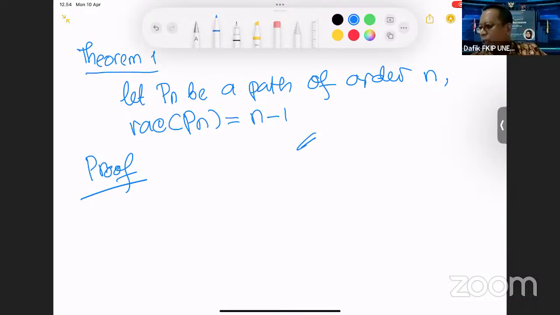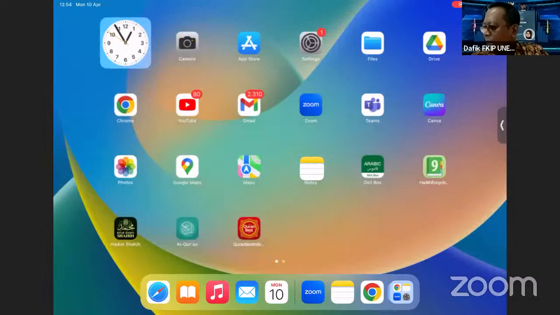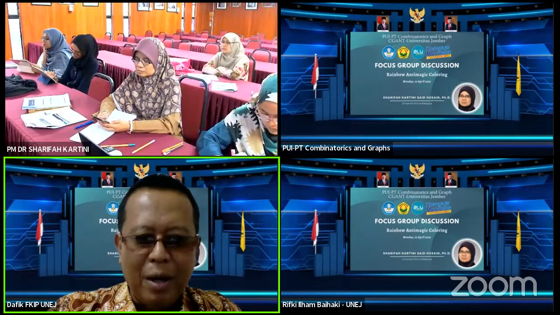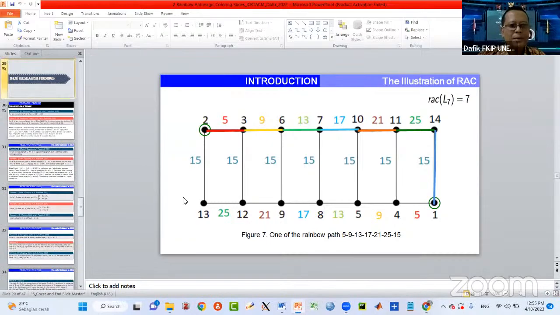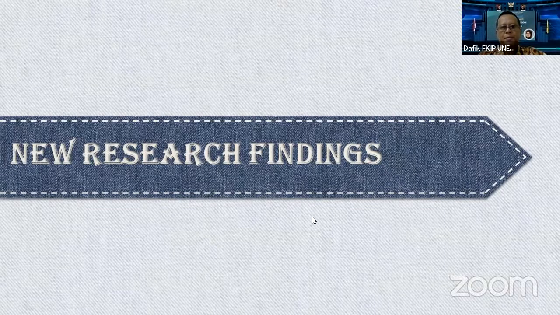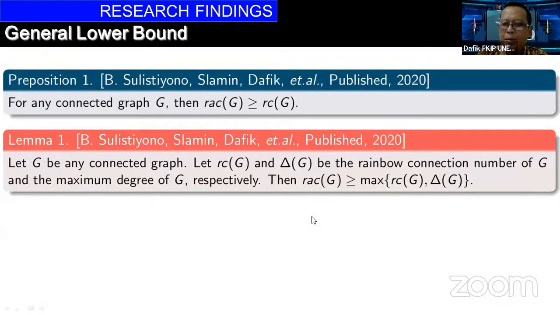So in this case, I can continue with an example of this one. Look at here. New research findings. Rainbow coloring and rainbow antimagic coloring.